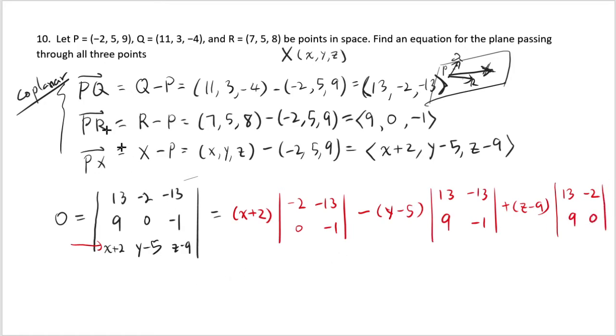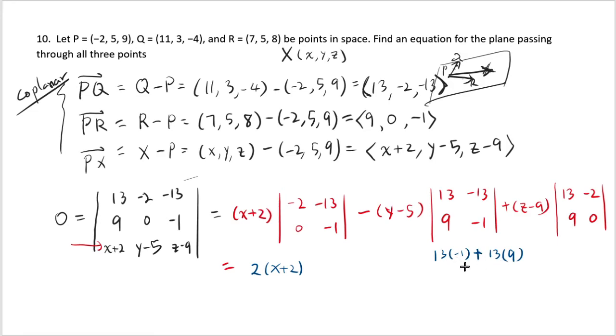Okay, so let's continue. It's going to be -2 times -1 would be positive 2. 13 times -1 is -13, minus -13 times 9. So 13 times -1 minus 13 times, minus is plus, right? Times positive 9.